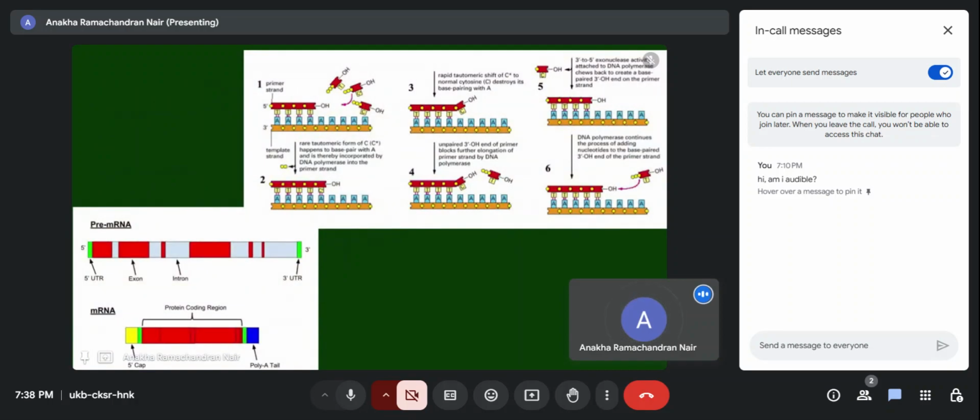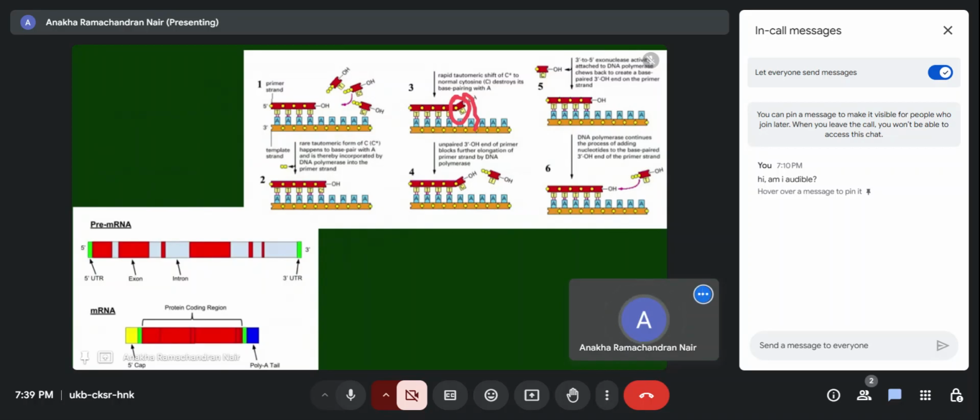If the DNA polymerase, while adding bases to the template strand, adds a wrong base, or if it adds the right base and some tautomeric shift converts that base into a tautomer, that causes mismatch pairing here. Like you can see here, the 3 prime to 5 prime exonuclease activity of the DNA polymerase will remove that mismatched base. And then again, DNA polymerase will add new nucleotides. So that is what happens.